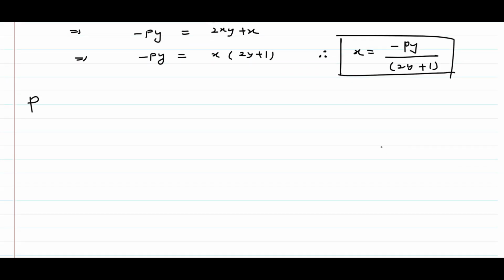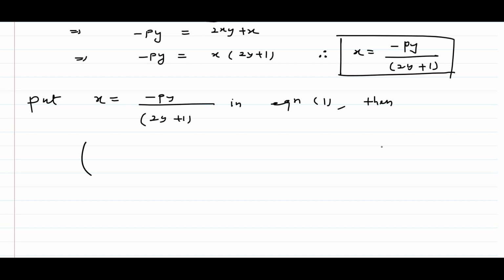So now we need to put the value of x, that is negative py upon 2 times of y plus 1, in equation 1. Then we replace the value of x by the term negative py upon 2y plus 1.